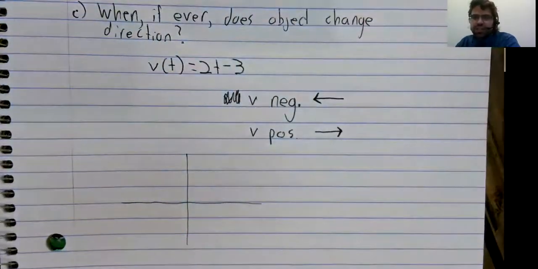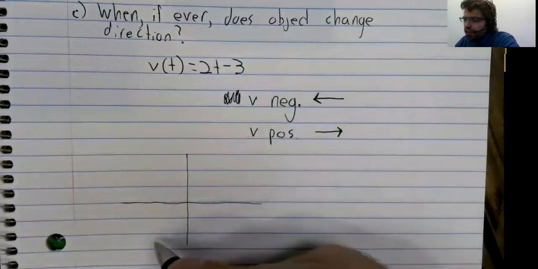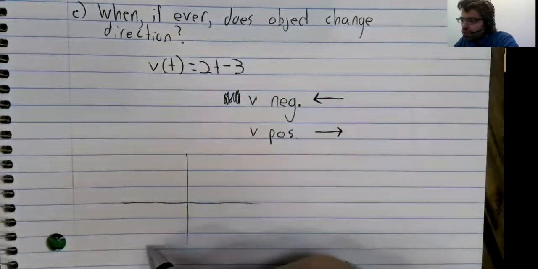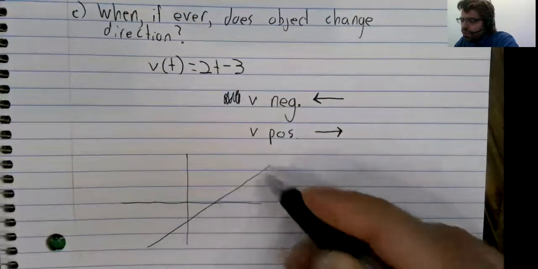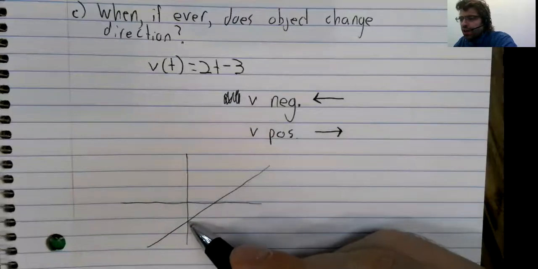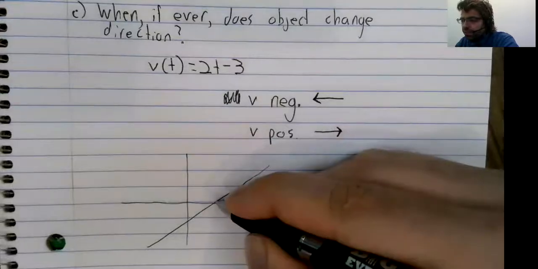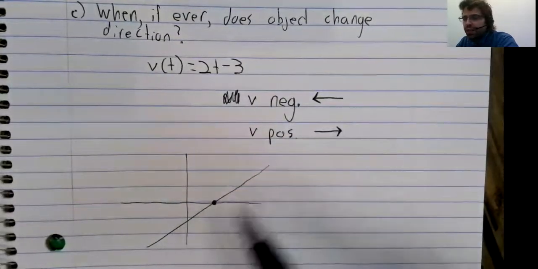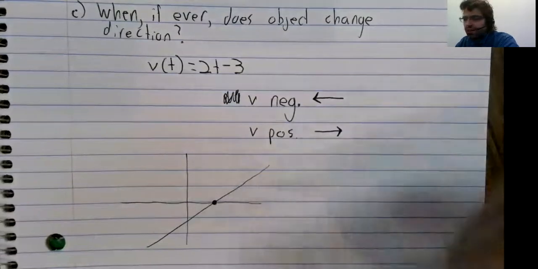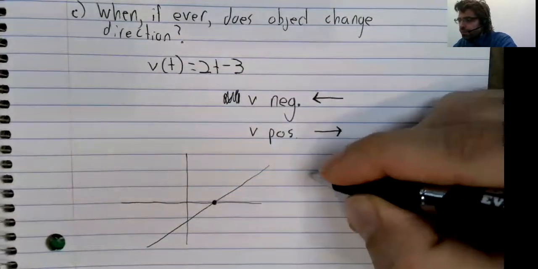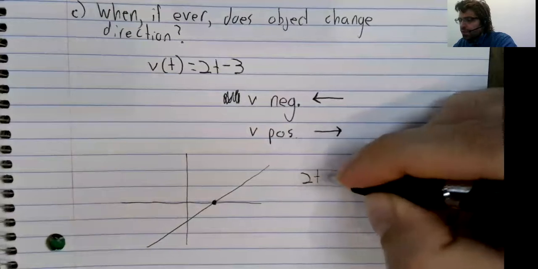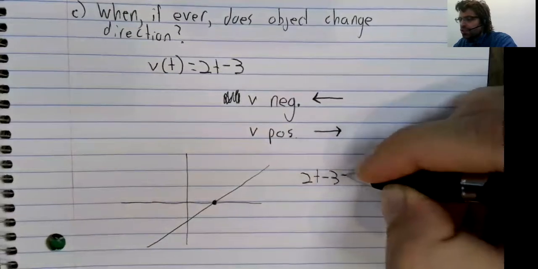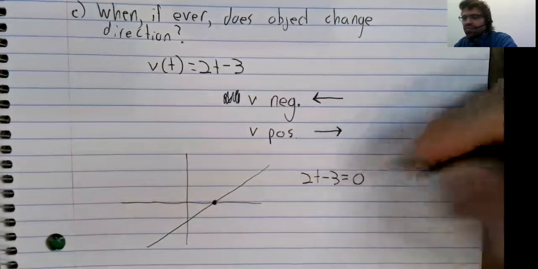The velocity is a linear function with a positive slope. It has a y-intercept of -3. It changes sign from negative to positive here at the x-intercept.